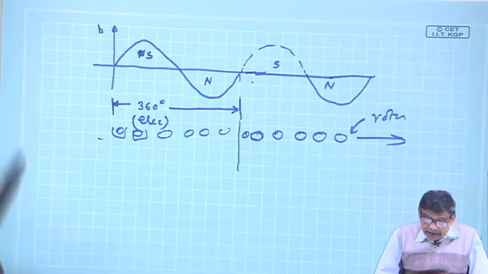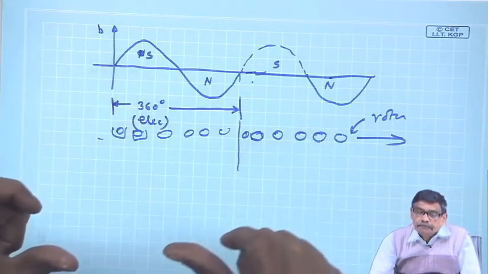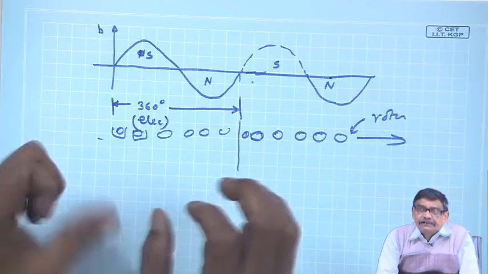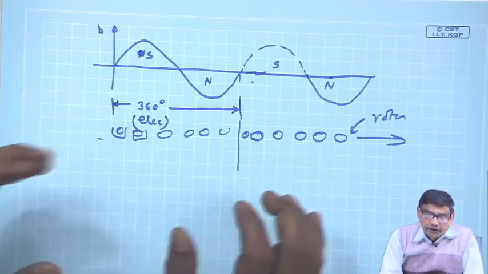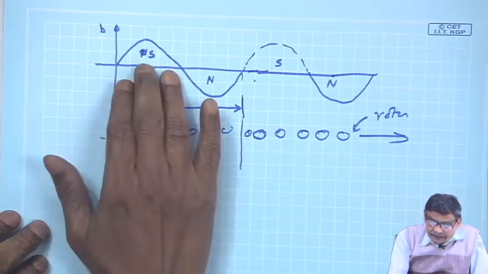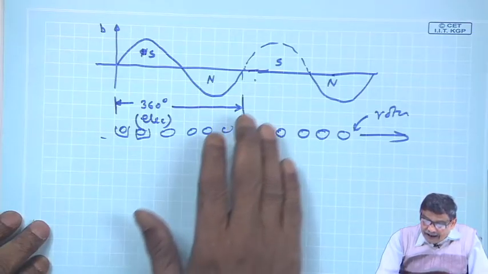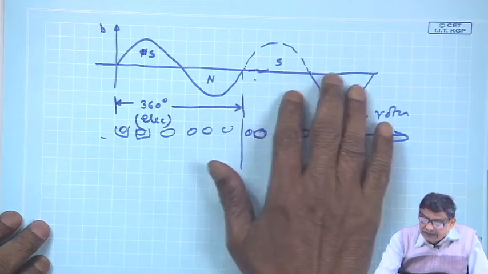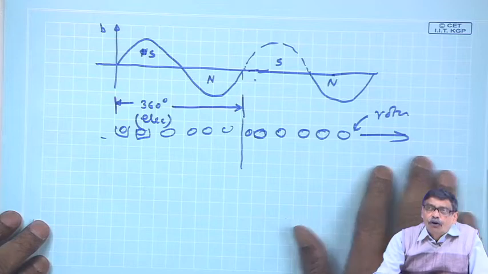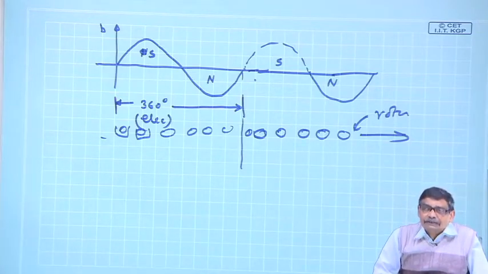But what I am telling, if you take a snapshot at a particular time and freeze the time there, then the distribution of the currents under this pair of poles and under the next pair of poles all will be identical. Why should they be different?